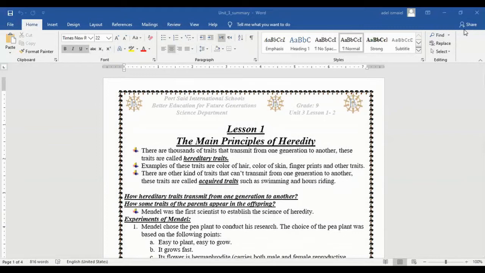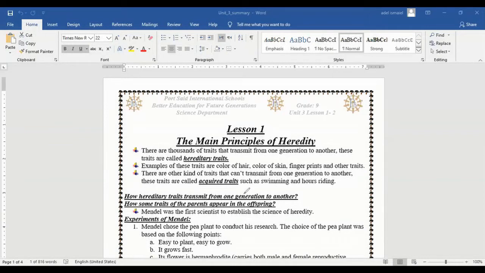Hereditary traits are traits that are transmitted from one generation to another, and these traits are called hereditary traits. For example, when I say that the color of your hair looks like your dad's, you take the color of the skin or hair or even your height from your parents.